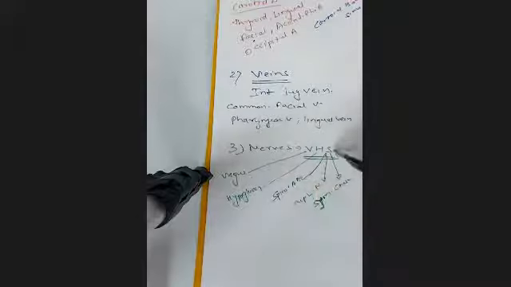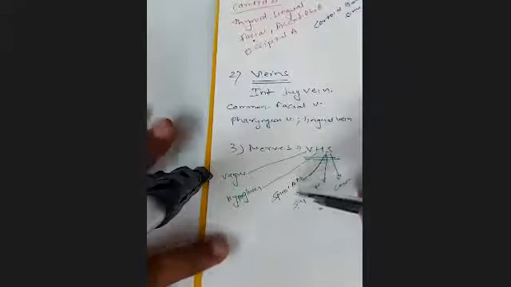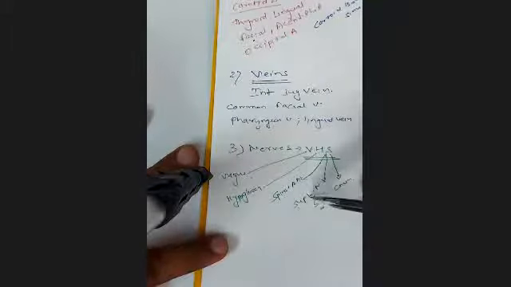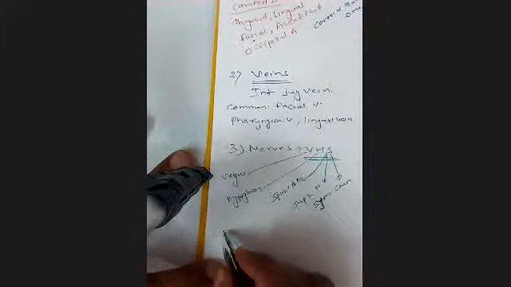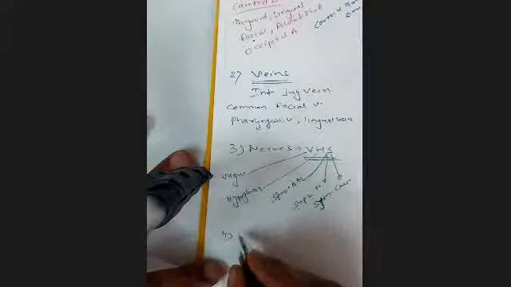So vagus, hypoglossal, VHS. S for Sabha, VH Sabha. We are not concerned about what is V and H. Sabha means many people: spinal accessory, superior laryngeal, sympathetic chain. Vagus, hypoglossal. Then the next content is the carotid sheath.